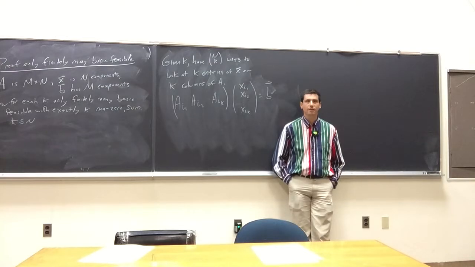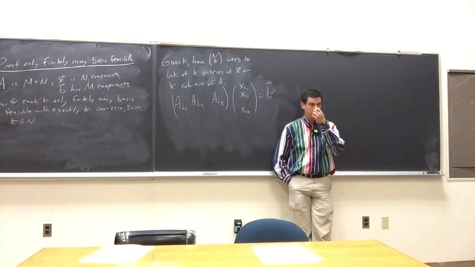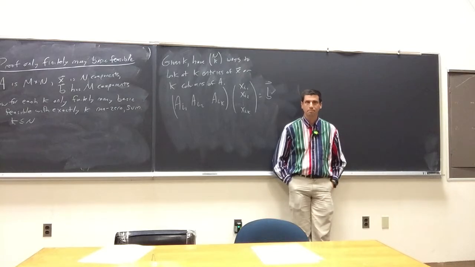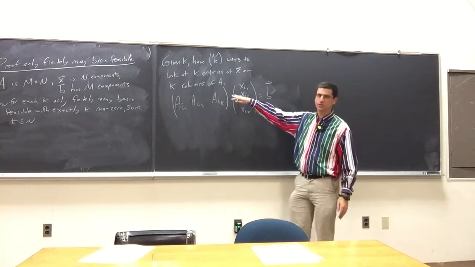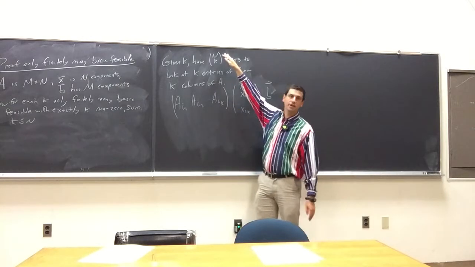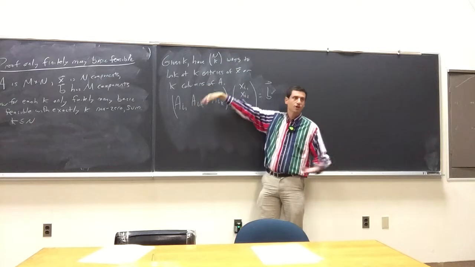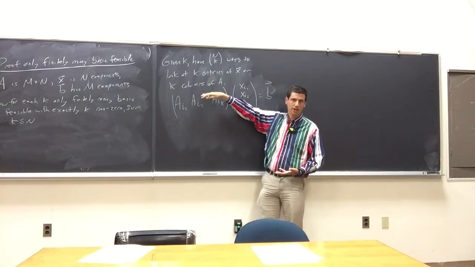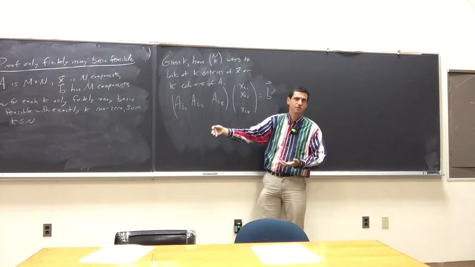So this is the main part. We want to show that there's only finitely many solutions here. Because if we can show there's only finitely many solutions here, there are only finitely many matrices like this, or choices of k columns like this that we need to look at. And there's only finitely many choices of k.